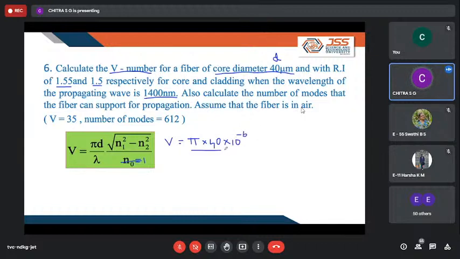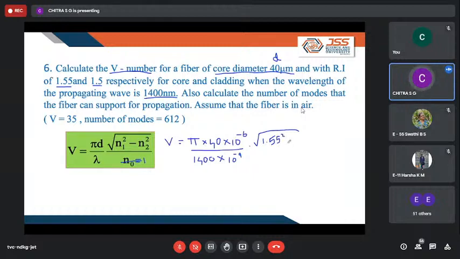You convert that into meter, 1400 into 10 raised to minus 9, into square root of n1 square minus n2 square, that is 1.55 square minus 1.5 square.